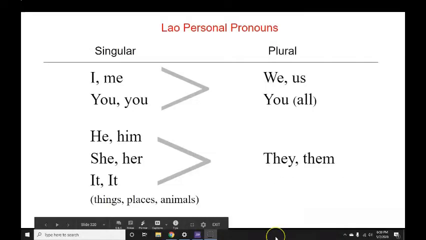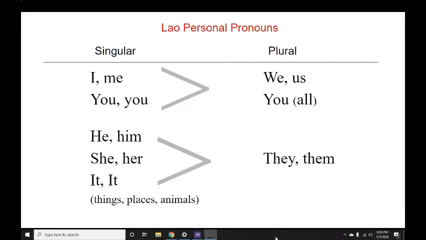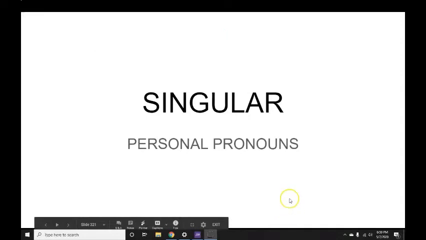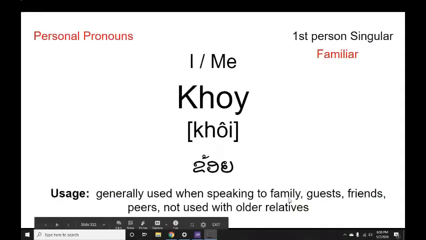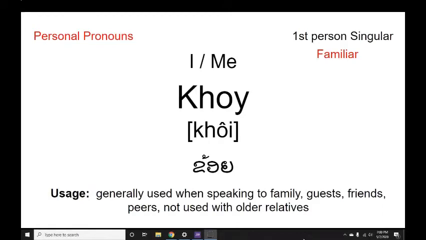So to simplify that, we have just these basic pronouns, and this is what we're going to focus on in Lao. First we're going to look at the singular personal pronouns. For I or me, the pronoun that we would use is koi.